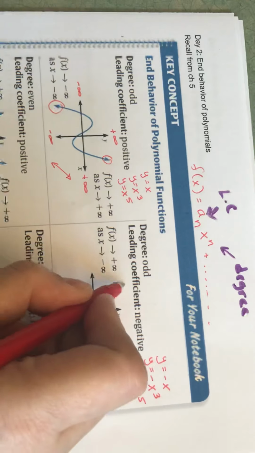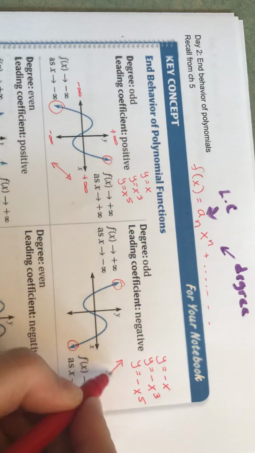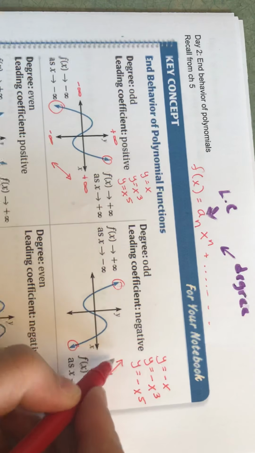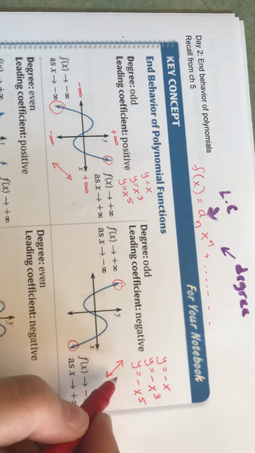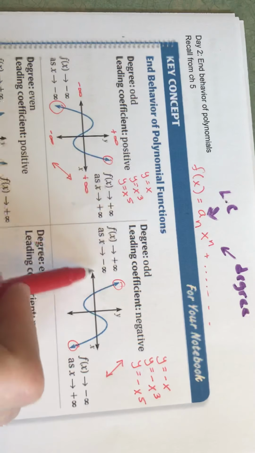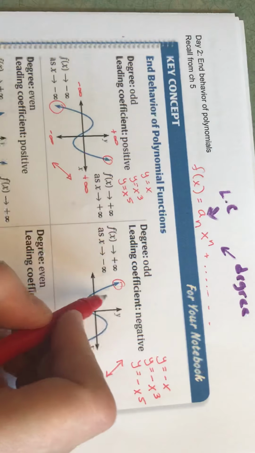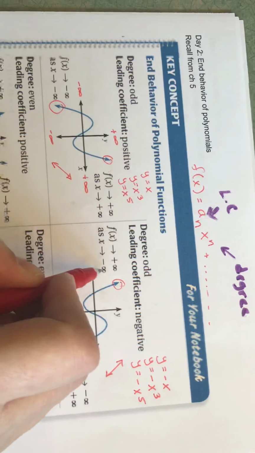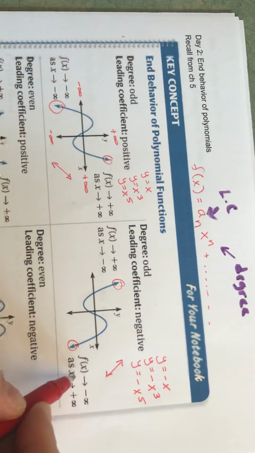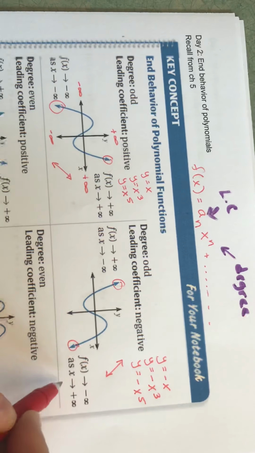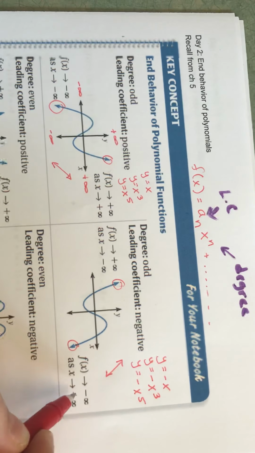The ends are going to go in the same direction as a line with a negative slope. And again, looking at the notation, as y goes up, x goes left. As y goes down, x goes right.